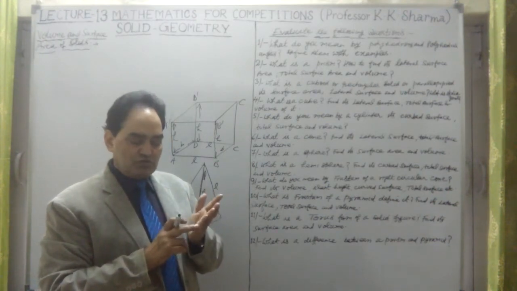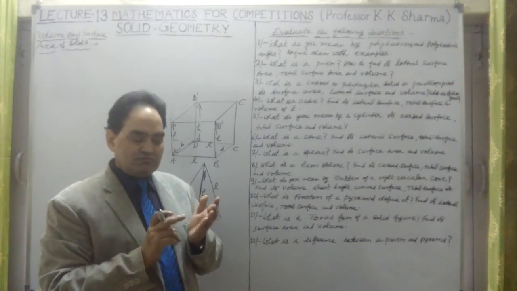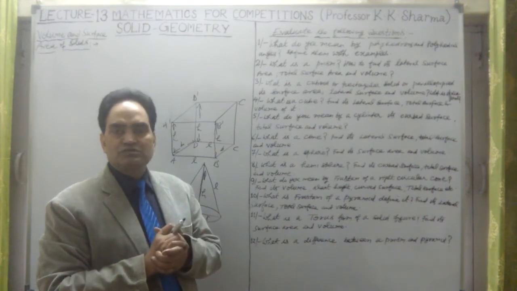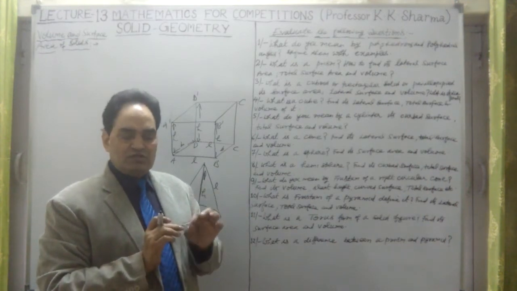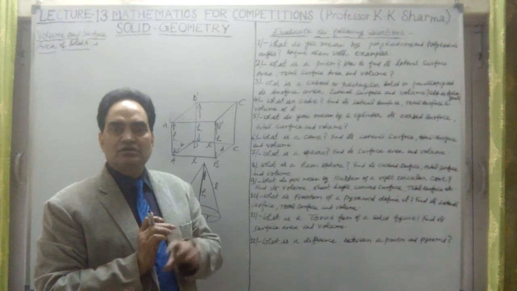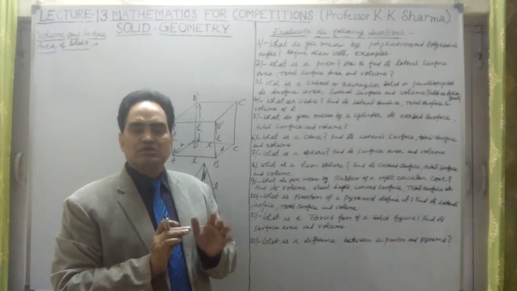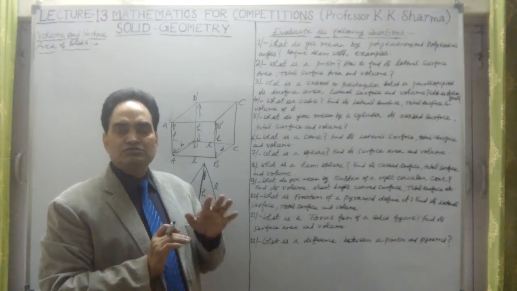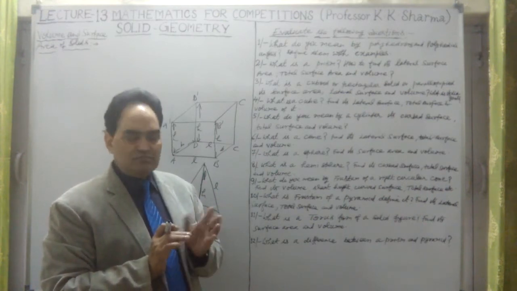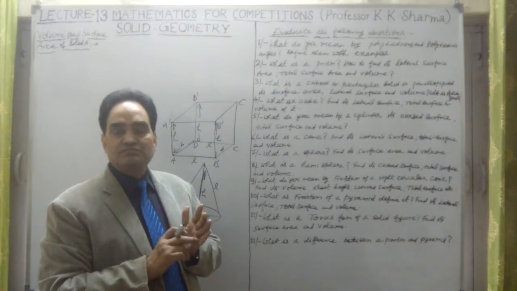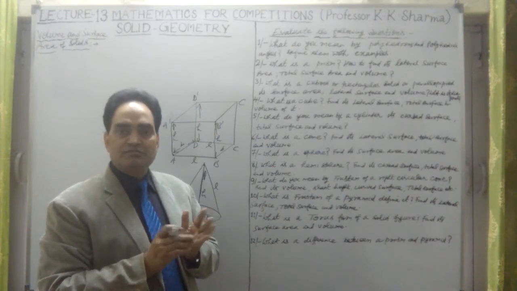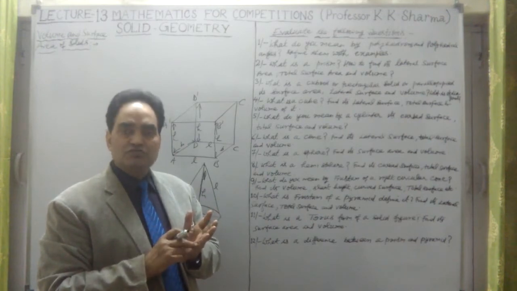Questions are coming on cuboid, cube, sphere, cylinder, cone. These five are most important: cube, cuboid, cone, cylinder, and sphere. Sphere includes hemisphere also. Mostly questions are based on these, but sometimes there is a prism. What is a prism? What is a pyramid? Questions are based on prism and pyramid. Questions are based on frustum.